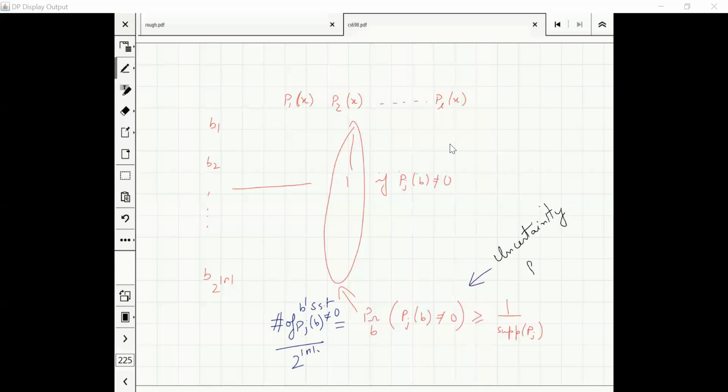This is called the uncertainty principle, by the way. Have you seen this? The sparsity of f times the sparsity of f hat is greater than the size of the domain. Very good. This is something which you proved in your assignment. This was an assignment question.